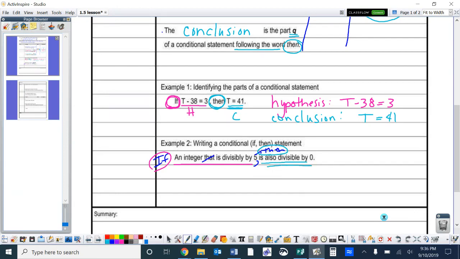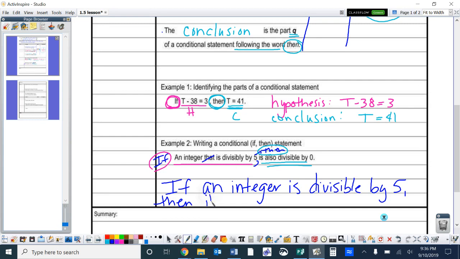Let's rewrite. If an integer is divisible by 5, then it is also divisible by 0.